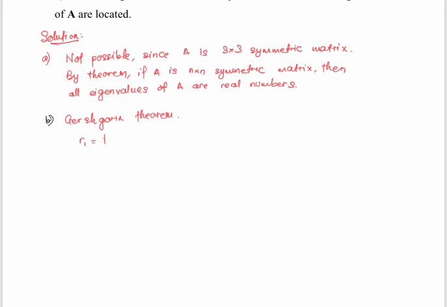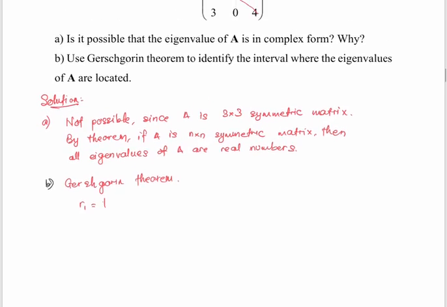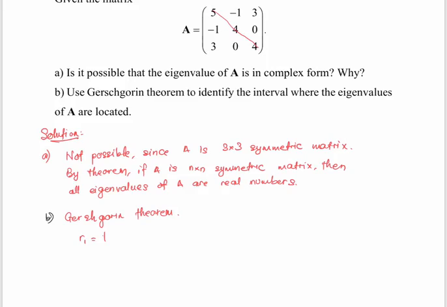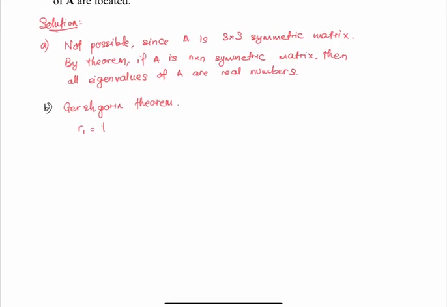So the first row has -1 and also 3, so we have the absolute value of -1 plus 3, and our radius for row 1 is 4.